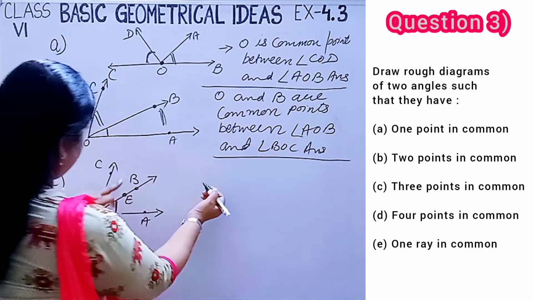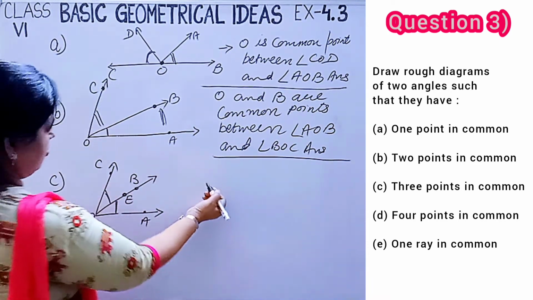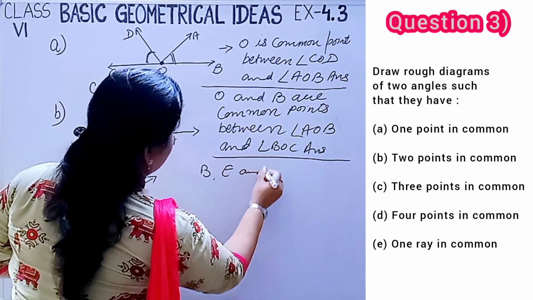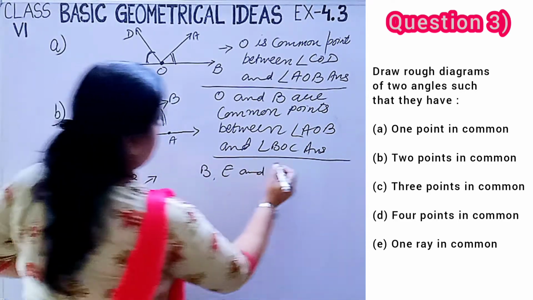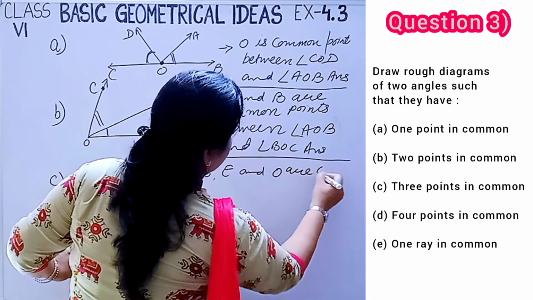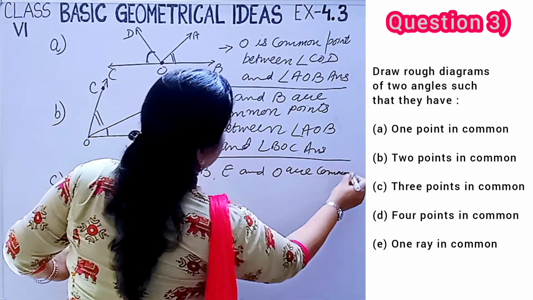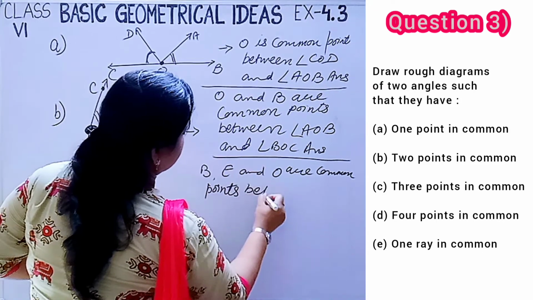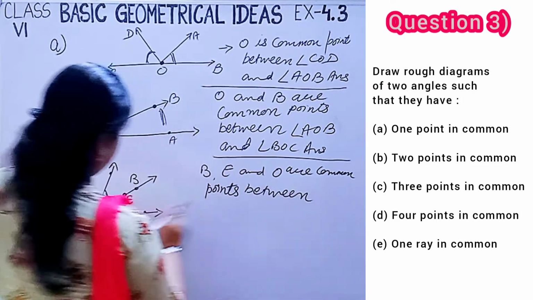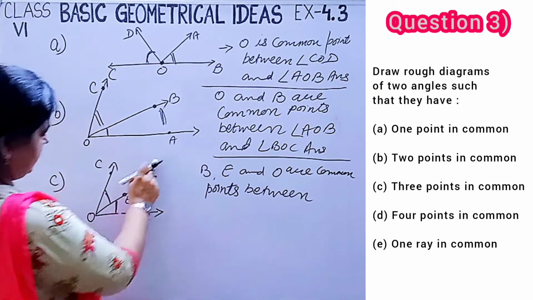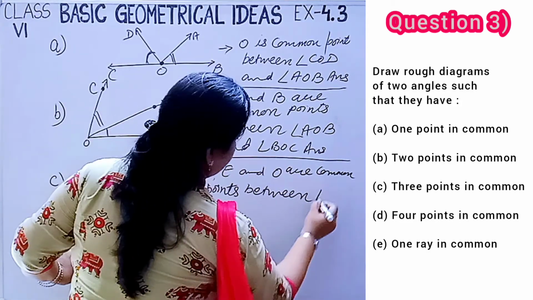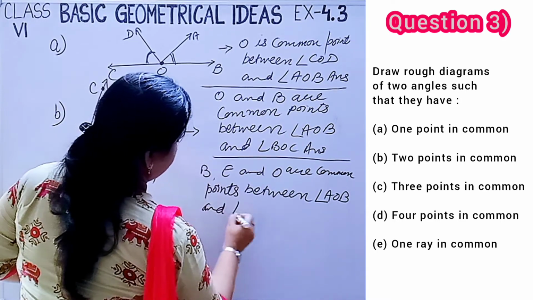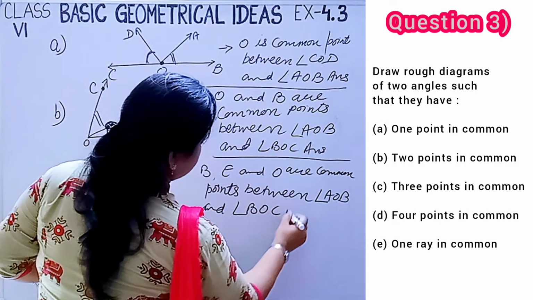So B, E and O are common points between angle AOB and angle BOC. Answer.